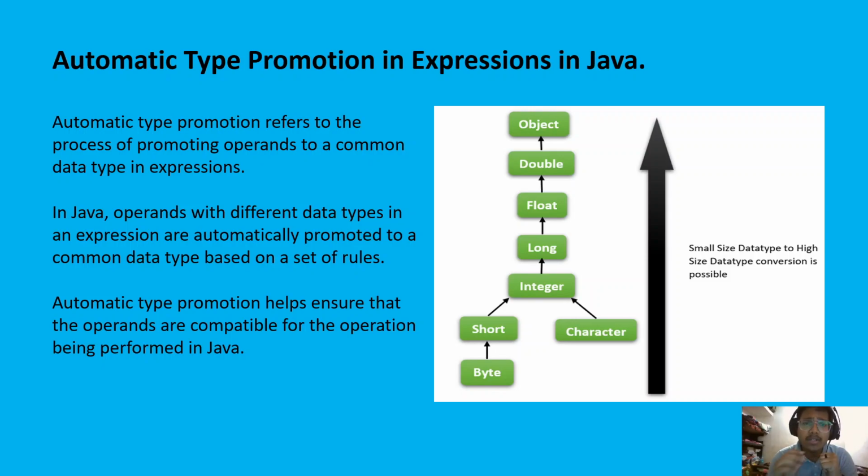In Java, operands with different data types in an expression are automatically promoted to a common data type based on a set of rules. Like if I have 5 as an integer and I add a double, it will automatically convert it into a double. Automatic type promotion helps us ensure the operands are compatible for the operation being performed in Java.